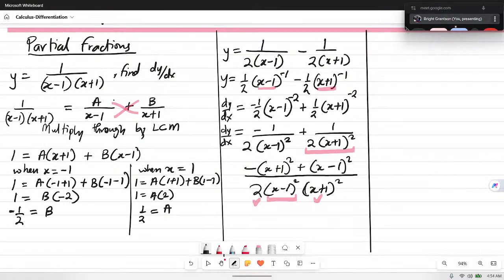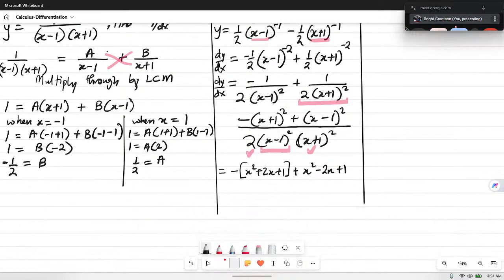Okay, so let's open the bracket. Negative x squared plus x plus 1, right? Minus x squared plus x squared minus x plus 1, all over 2 times x minus 1 squared times x plus 1.